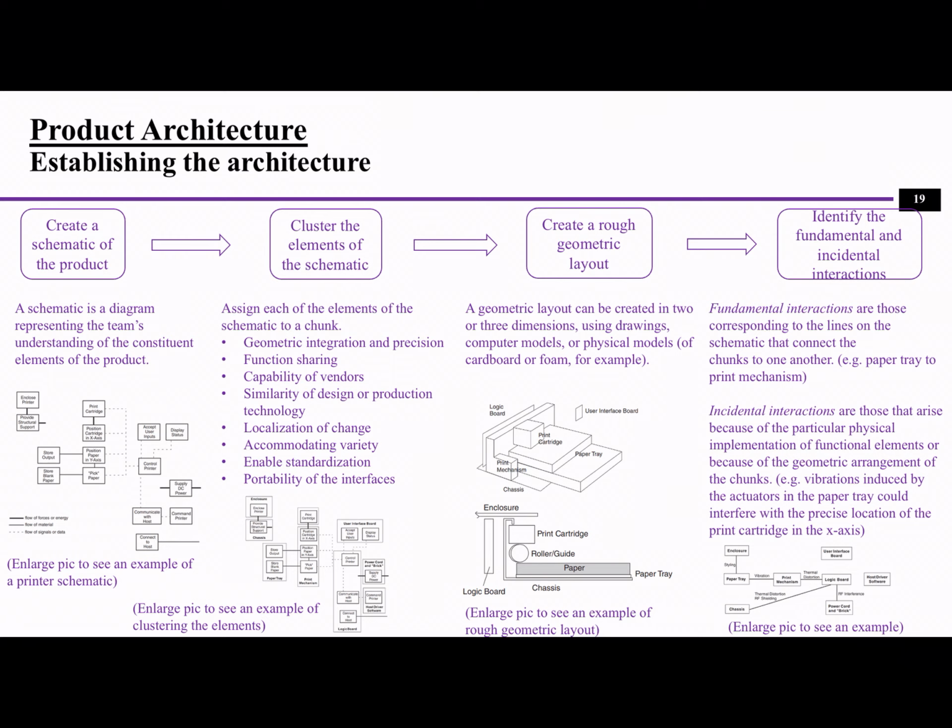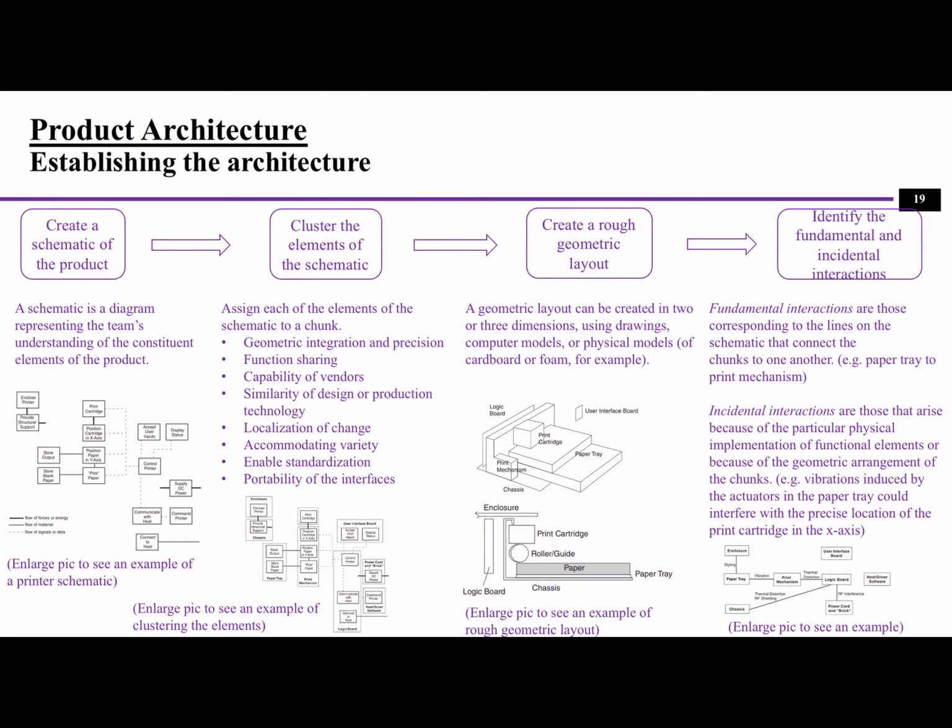The layout can be created in either two or three dimensions. You can use drawings, computer models, or some physical models as well. You can see some examples of a printer, right? There are different functions: the printing cartridge, the paper tray, the printing mechanism, user interface, and logic board are all different chunks, and you can come up with some similar layouts.